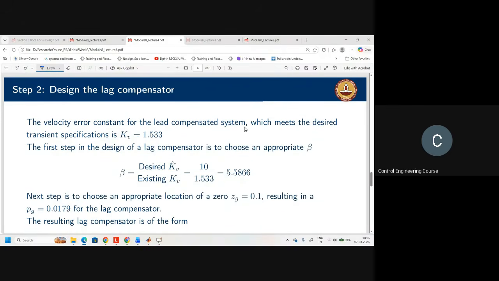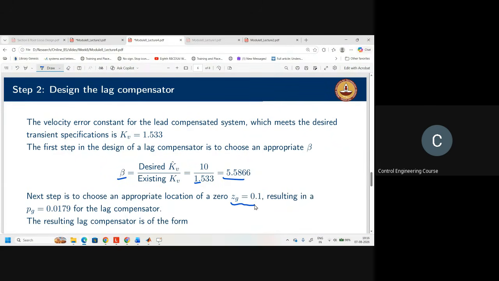Once we design the lead compensator as in the slides of lecture 1, you have to calculate the lag compensator by calculating the beta. Beta here is the desired one, 10 divided by 1.553. Then you will get this one. Next step is you have to choose the pole.